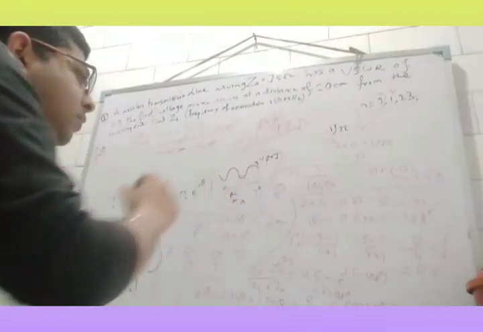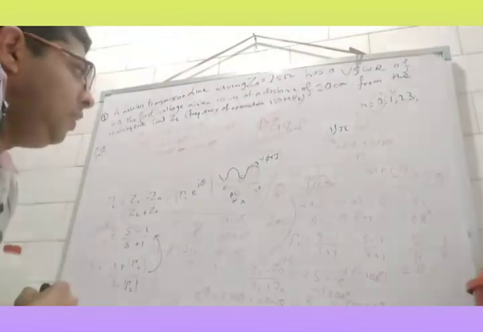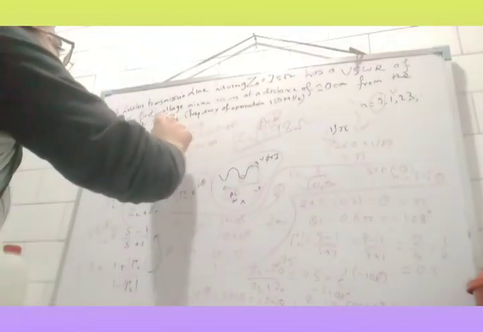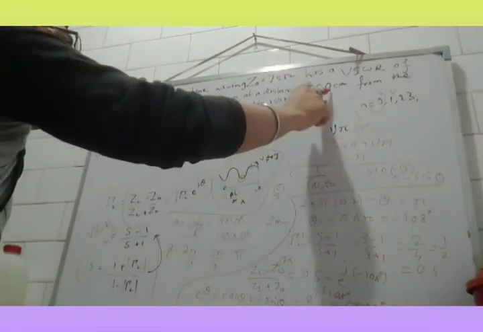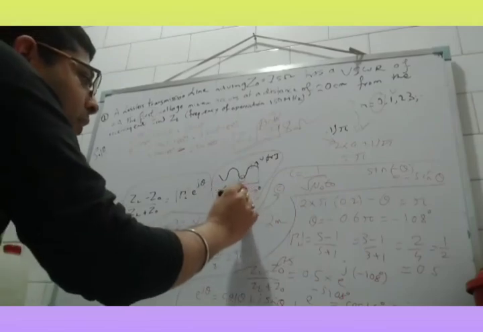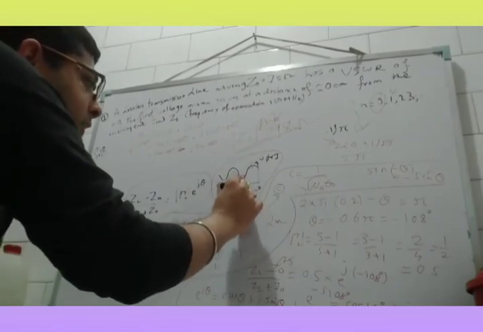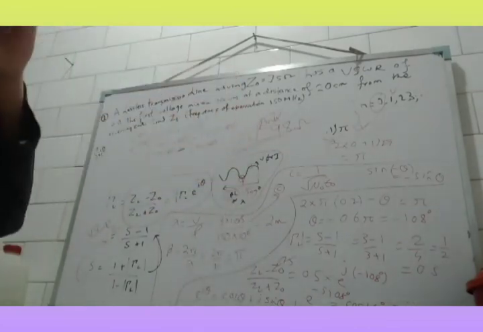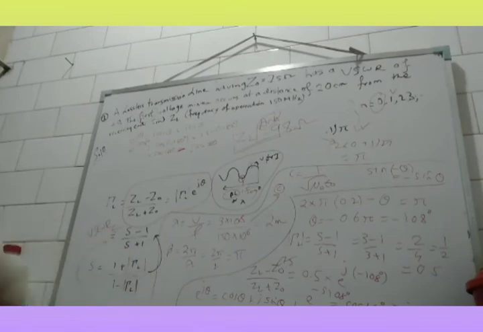Voltage maximum means this one. So here the first voltage minima occurs at 20 centimeter, that means 20 centimeter from the load end. I will explain how this condition comes out, what we have used here. I will derive that.